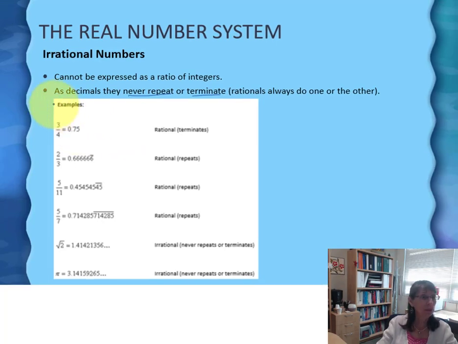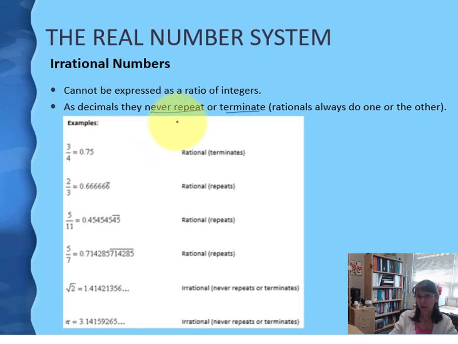Here are some examples of rational versus irrational numbers. 3/4. Well, it looks like a fraction. If we take 3 and divide it by 4 on a calculator, you will see it terminates: 0.75. Since it does terminate, it is a rational number.